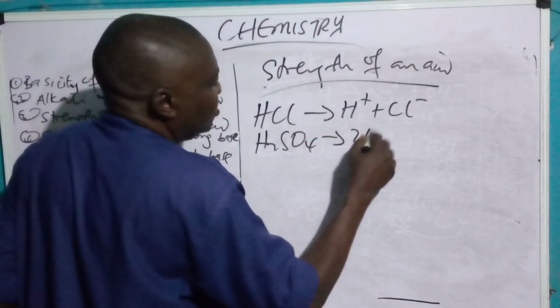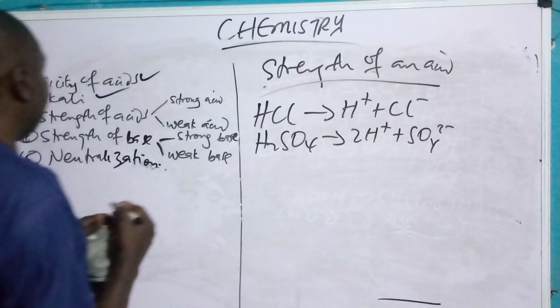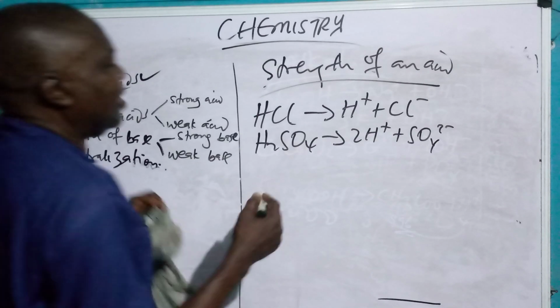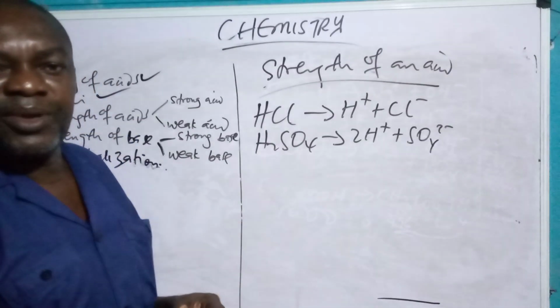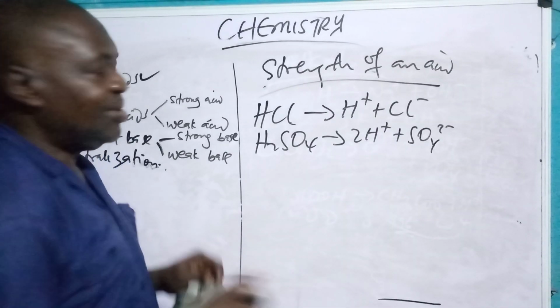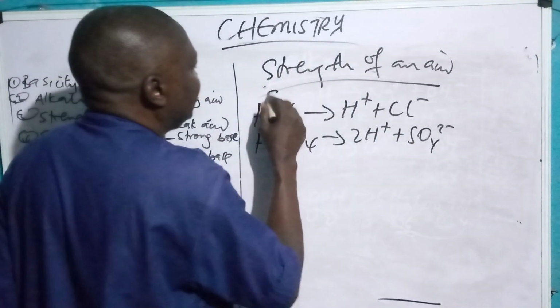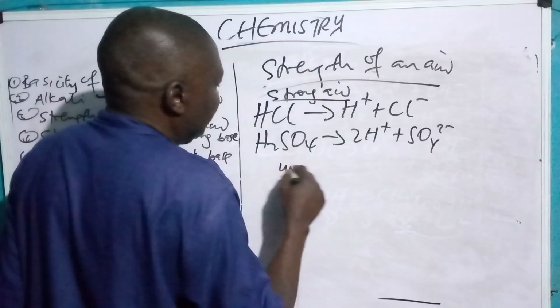H2SO4 gives 2H+ and SO4 2-. So these are strong acids. Strong acids ionize completely and easily, while weak acids do not ionize completely in solution. The ionization is only partial. For example, these are strong acids. You have weak acid.